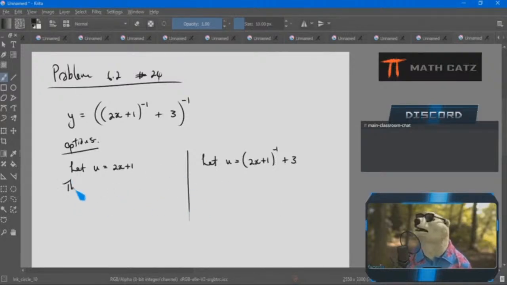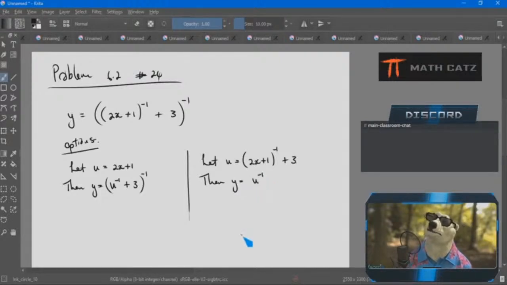In the first case, y is going to be u to the -1 plus 3 all to the -1. Even if I make that a fraction, it doesn't actually matter too much. In the second option, y is going to be u to the -1.